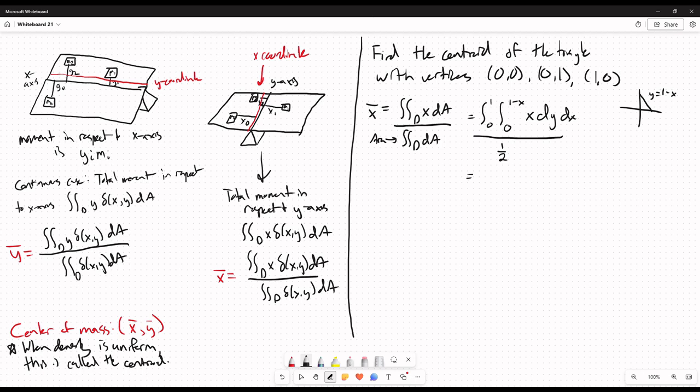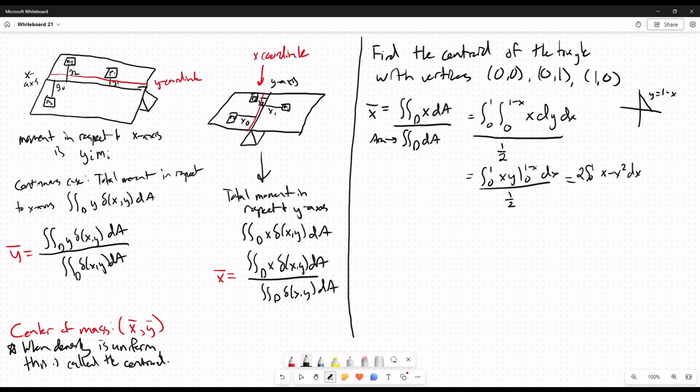Let's take a closer look at our integral. That's going to be the integral from 0 to 1 of xy, evaluated from 0 to 1 minus x, dx over 1/2, which will equal the integral from 0 to 1 of x minus x squared dx over 1/2.